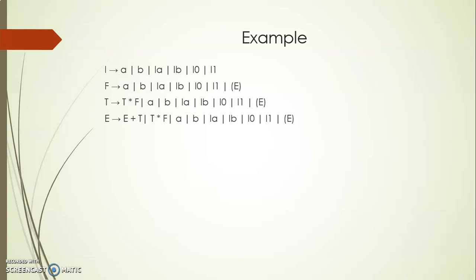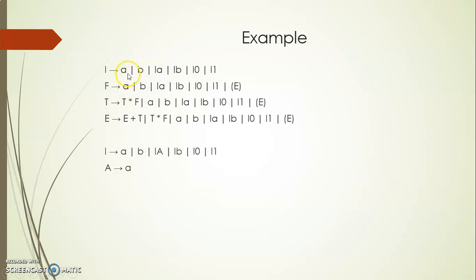When we convert these terminal and non-terminal combinations into non-terminal forms, we may get a body of the production consisting of more than two symbols. That will be converted in the next step. So here we are going to rewrite all these combinations to be of non-terminals.